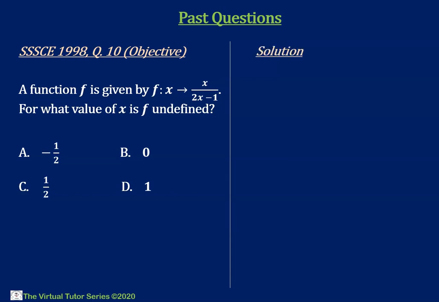Solution: x/(2x - 1) is undefined if the denominator, 2x - 1, is equal to 0.